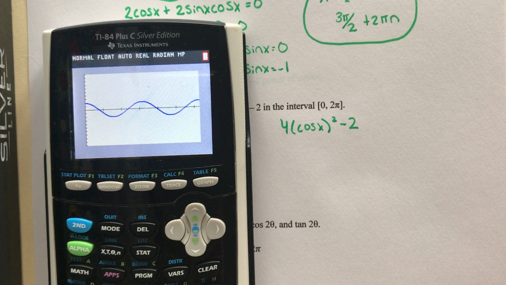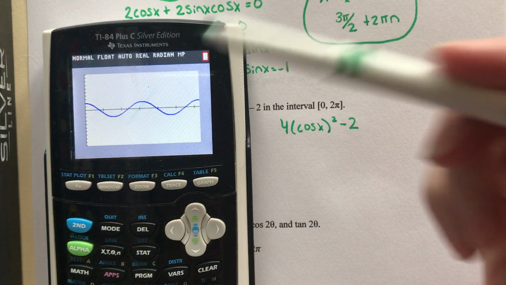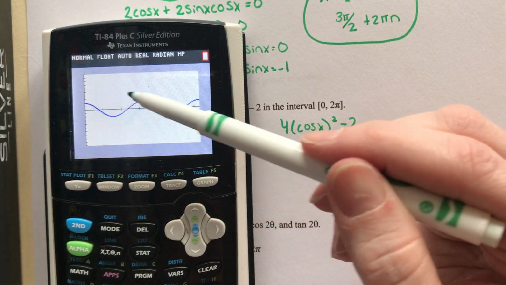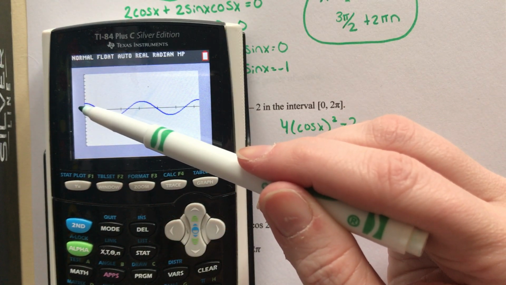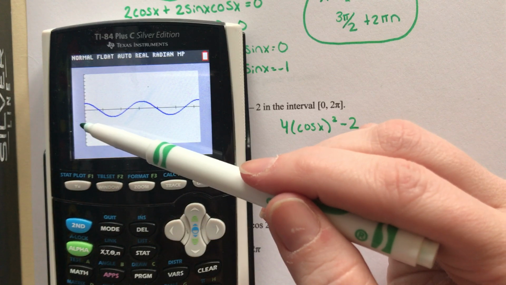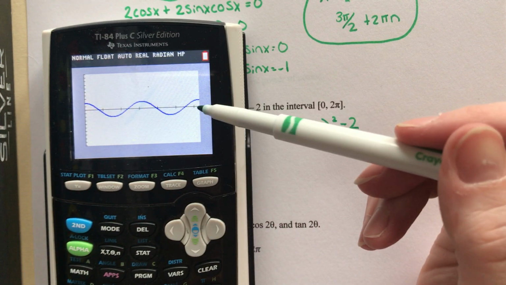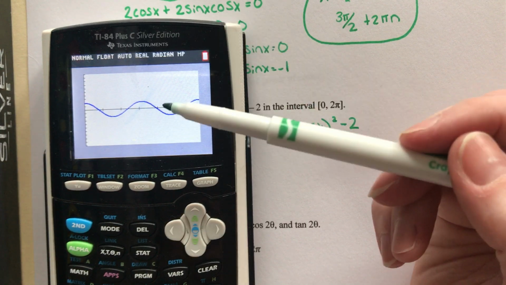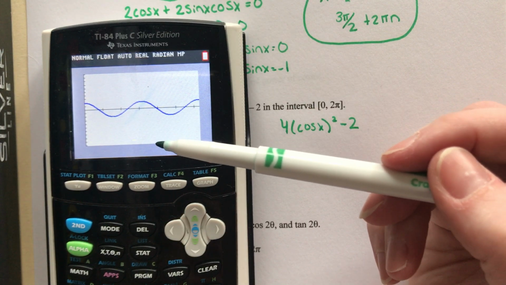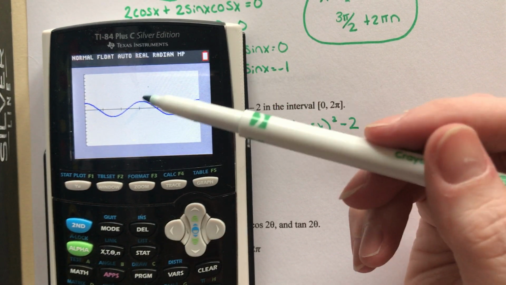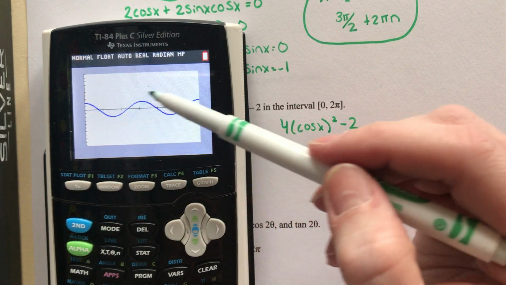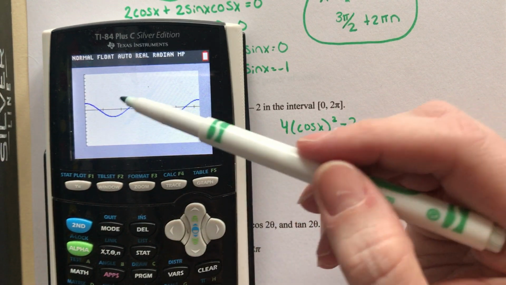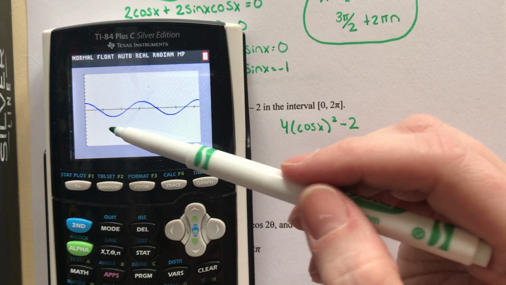So if we had to analyze our graph, some things I notice about this graph is I have 3 maxes, and they're both at 2, right? Because normally our amplitude would be 4, but this graph got shifted down 2. That's the 4 and the -2 in the function. So my amplitude is 2, so I have maxes at 2, and then my mins occur at -2.